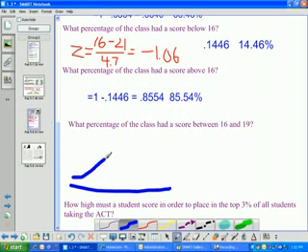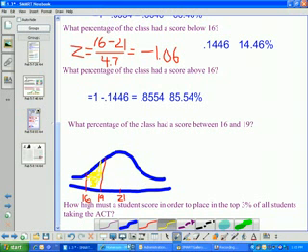So we have our normal curve as best as I can, and we have 16 about there, and 19 is about here. Remember that mean was 21, so 21 here is here in the middle. And we're trying to find this area in between.